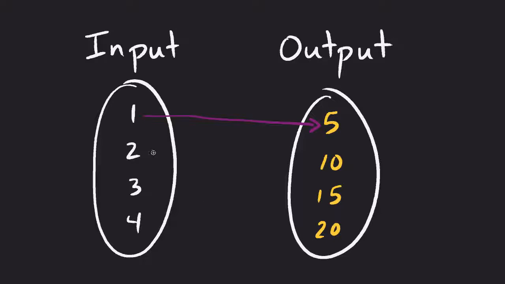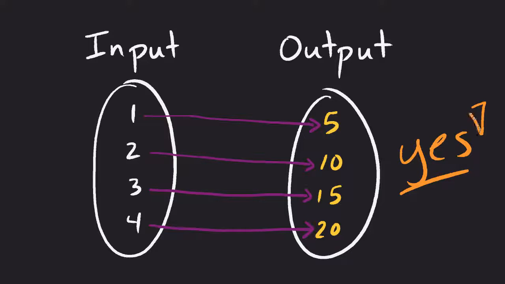I push the number 2, every time I get a 10. The number 3, every time I get a 15. And the 4, every time I get a 20. Is this functioning correctly? Is this a function? The answer is yes. It works correctly. Every time I push that 1, I'm going to get a 5 out.